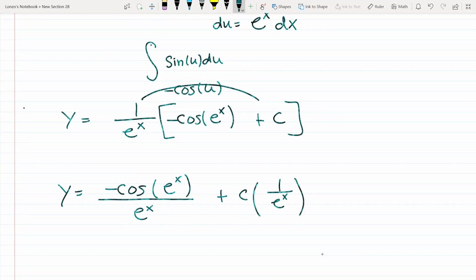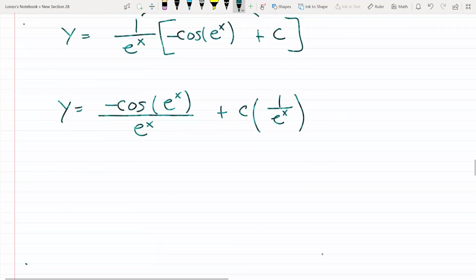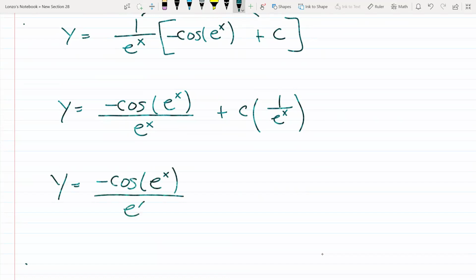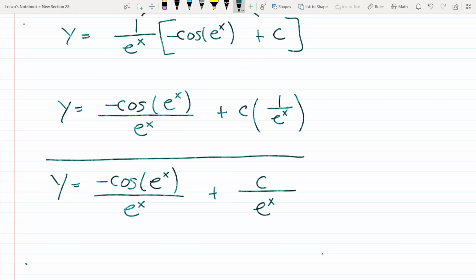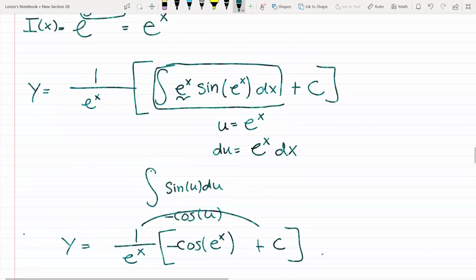So you can leave it like that, or you can say y equals negative cosine. Okay, so that's your final answer. That one wasn't too bad because we just had to do u substitution.